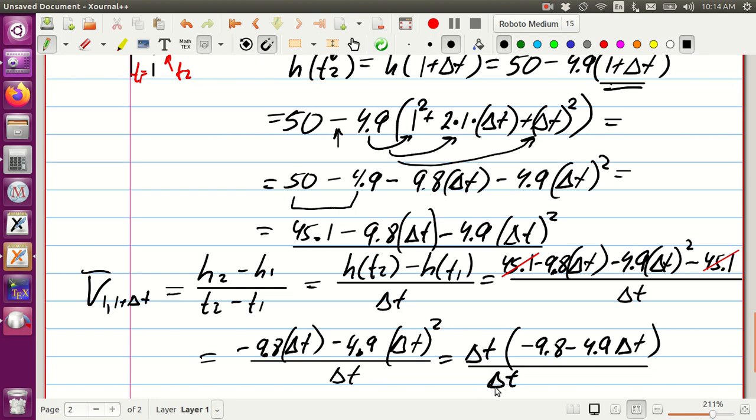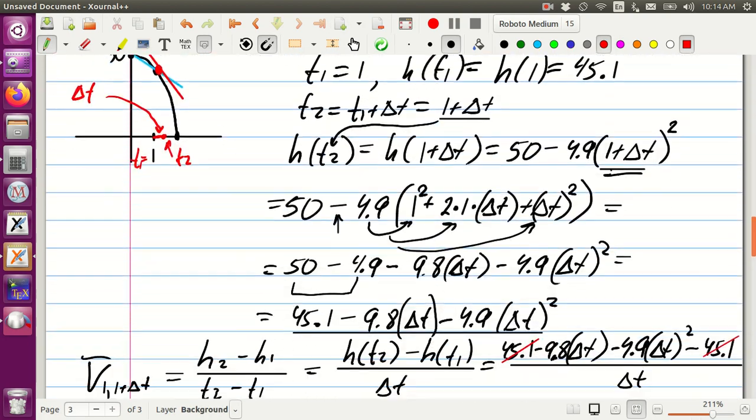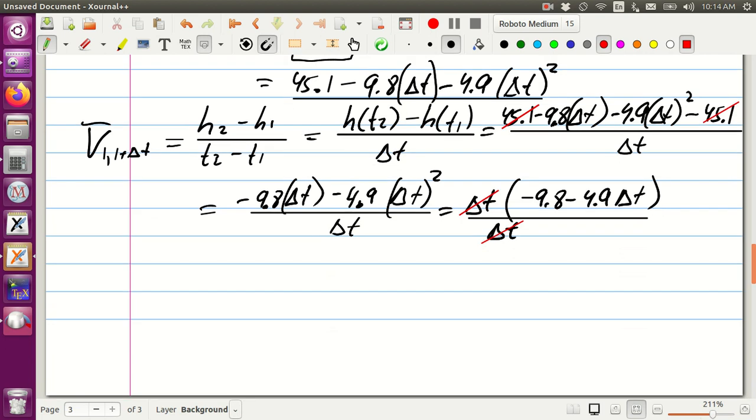And remember, delta t was a tiny step to the right, so it wasn't 0. Conclusion, we are allowed to divide. So we divide it out. And what we're left with is negative 9.8 minus 4.9 delta t.